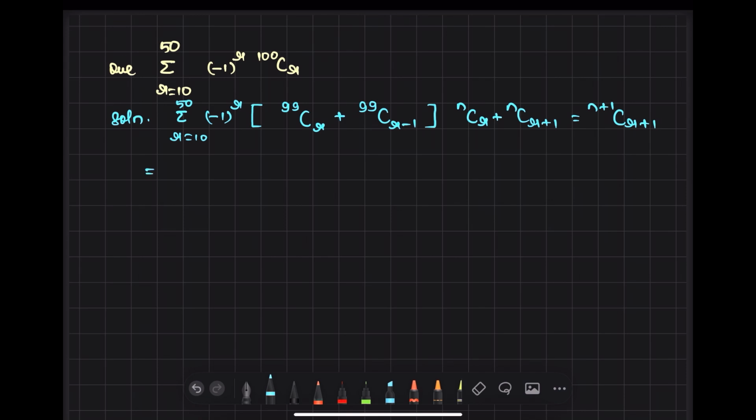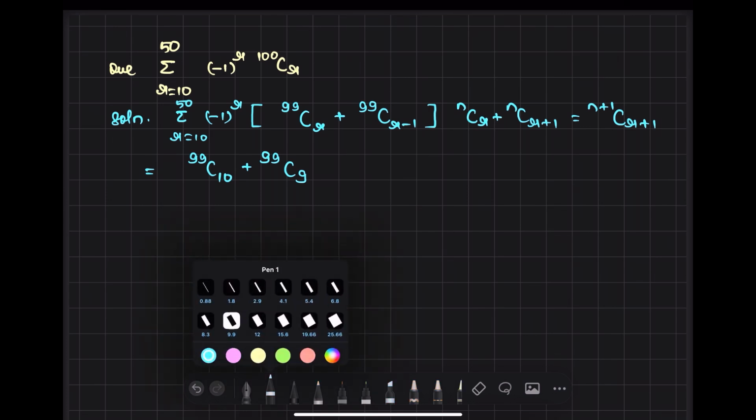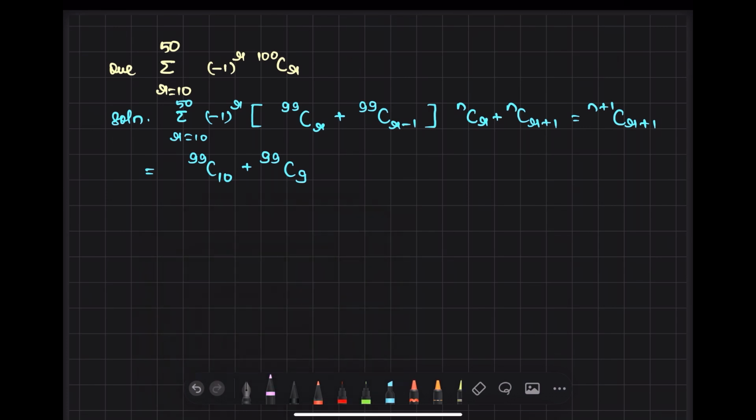Your first entity, because r is 10, will be 99 C10, and then we will have plus 99 C9. Now the second value will become what? 11, power is 11, so it is negative, so minus 99 C11 minus 99 C10.